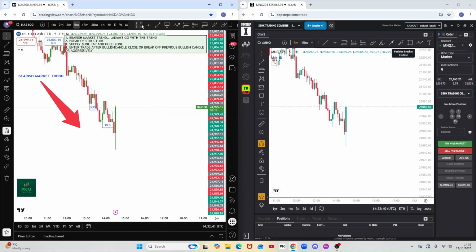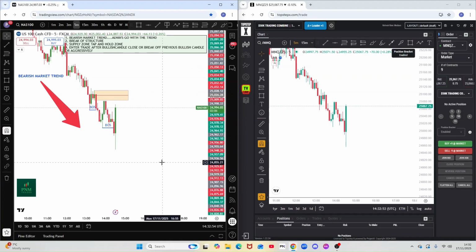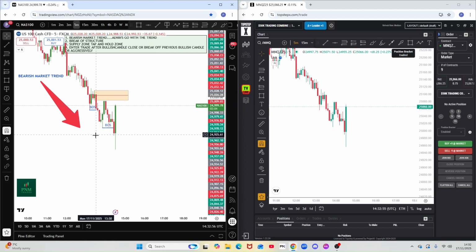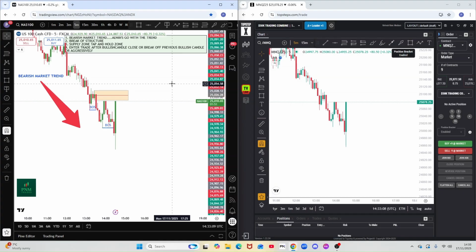I'm curious because this zone was still not respected, but I don't think I want to take it, honestly. I don't think so. Let's see. Oh, the buyers are back in.